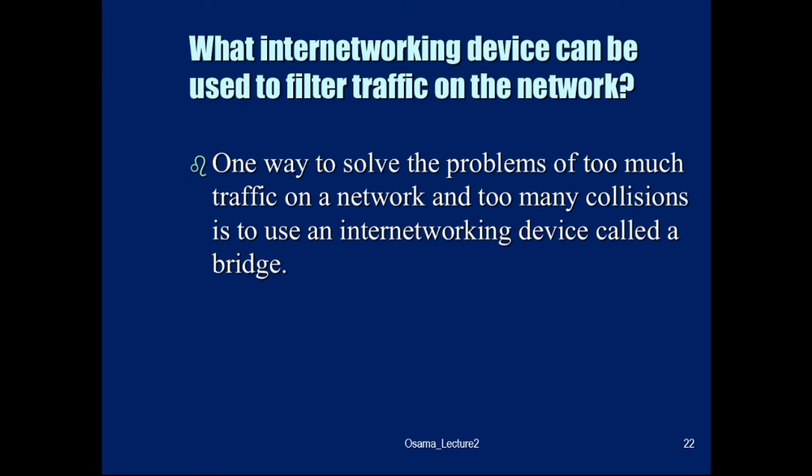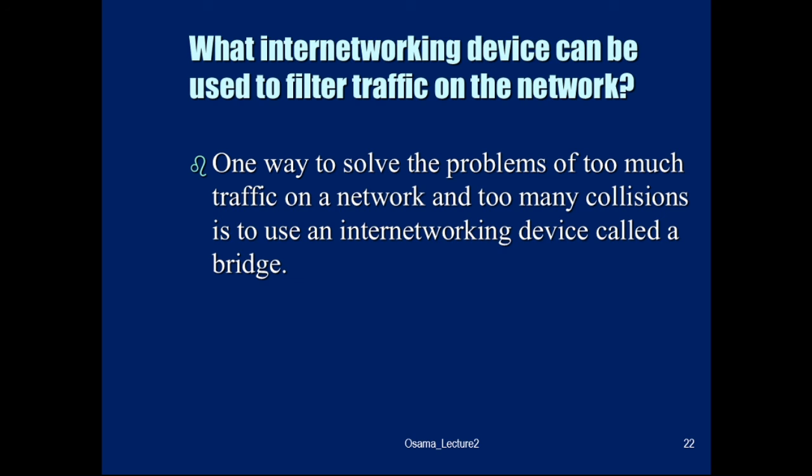Now, what interconnected devices can be used to filter traffic on the network? One way to solve the problem of traffic. Traffic means more data at the same time on the network and too many collisions. It happens when more than one node sends data at the same time, and collisions occur.